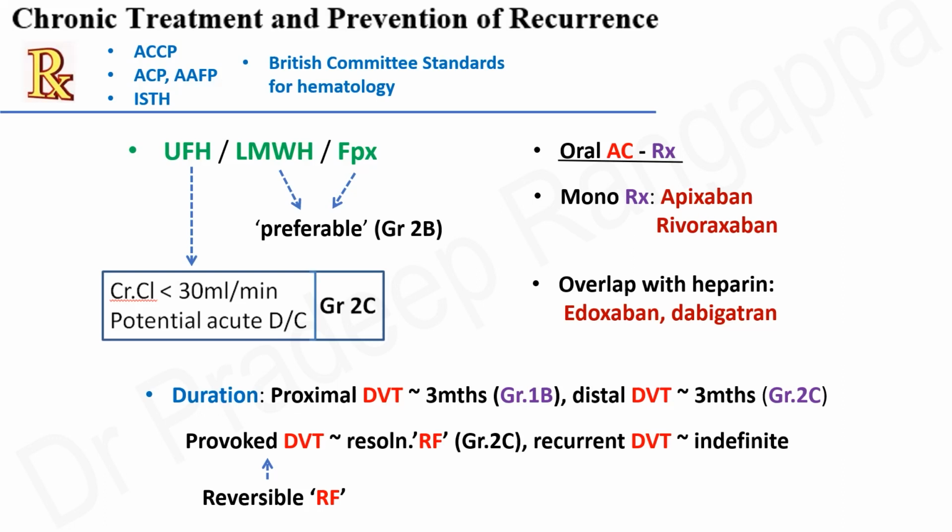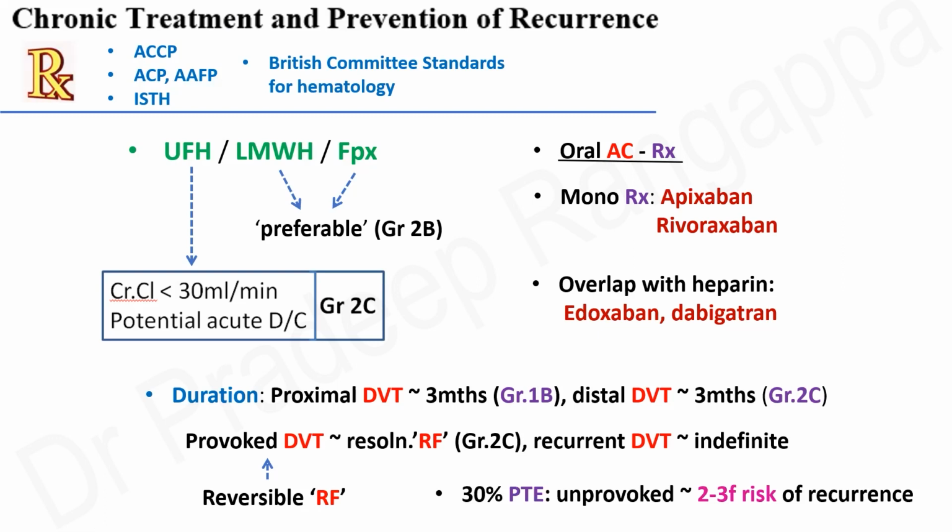After the resolution of the risk factor, the long-term anticoagulation could possibly be stopped. But when there is recurrent DVT, the recommendation is that anticoagulation has to be continued indefinitely. So for the provoked, once there is reversal of the risk factors, one could consider stopping the anticoagulation.